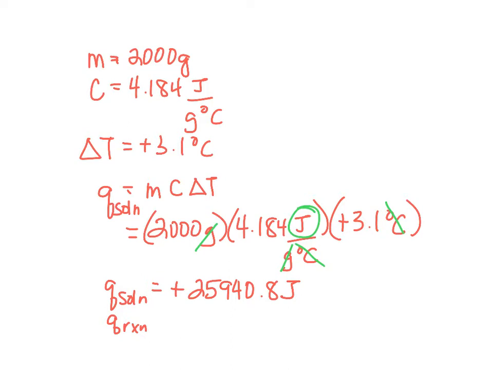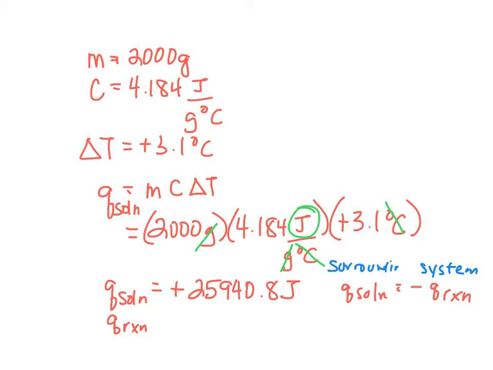So keep in mind the Q of the solution is equal in magnitude but opposite in sign as the Q of the reaction. Because really the reaction is basically the system, and the solution is the surroundings.